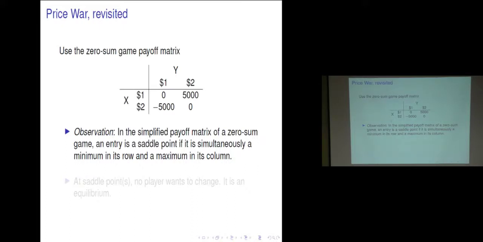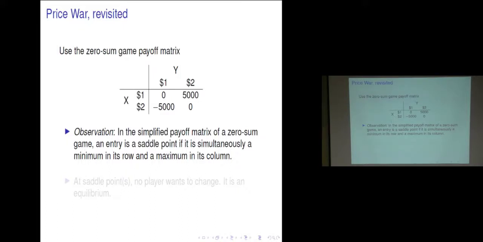The example says there are two companies selling mineral water, and they have a choice of setting the price at $1 or $2. We have seen this kind of matrix many times. This is called the payoff matrix. We have two companies, company X and company Y.